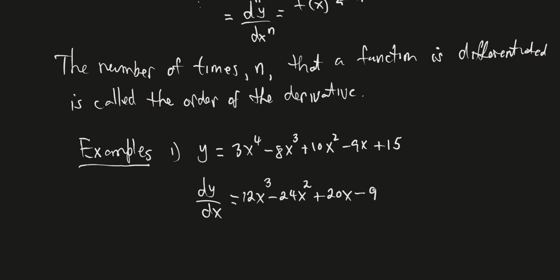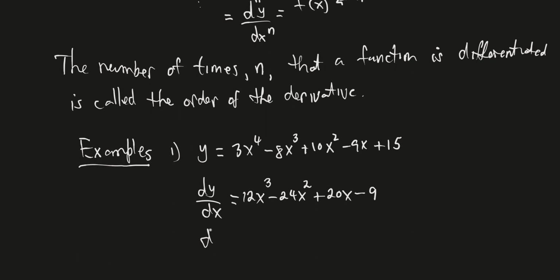But again, look at what happens. We have another polynomial. The degree went down from 4 to 3, and that makes sense because of what the power rule does. Because the power rule is going to reduce all the powers by 1.